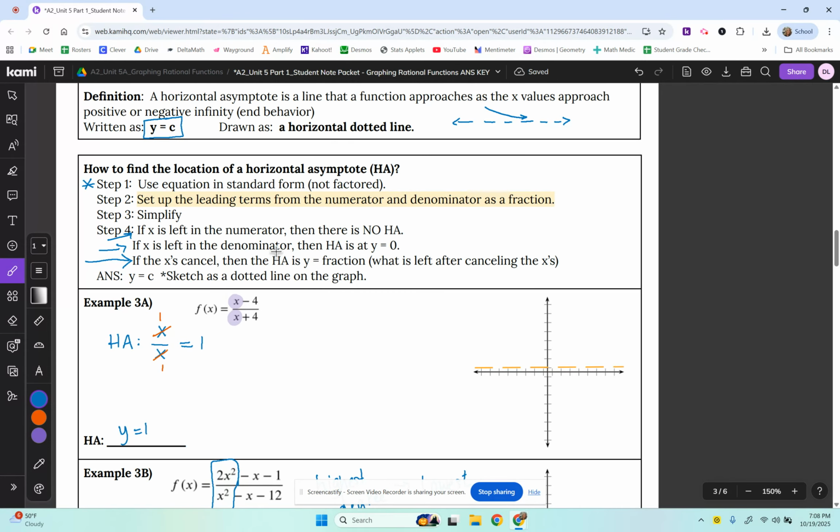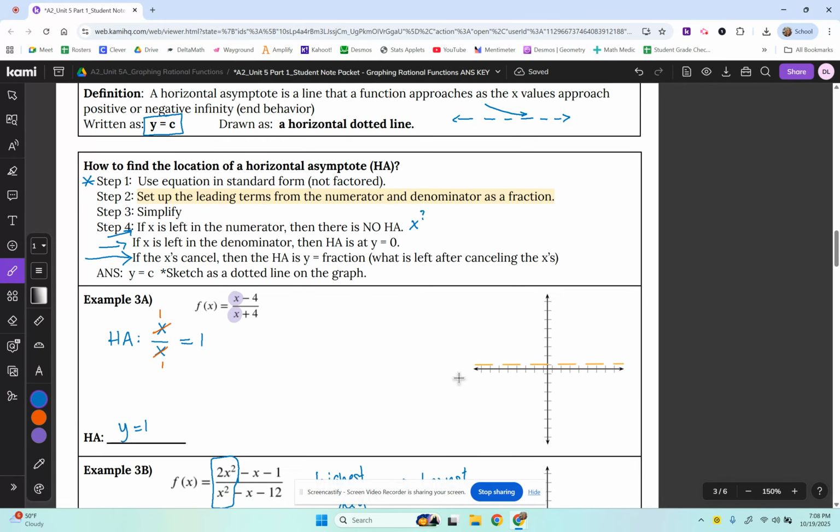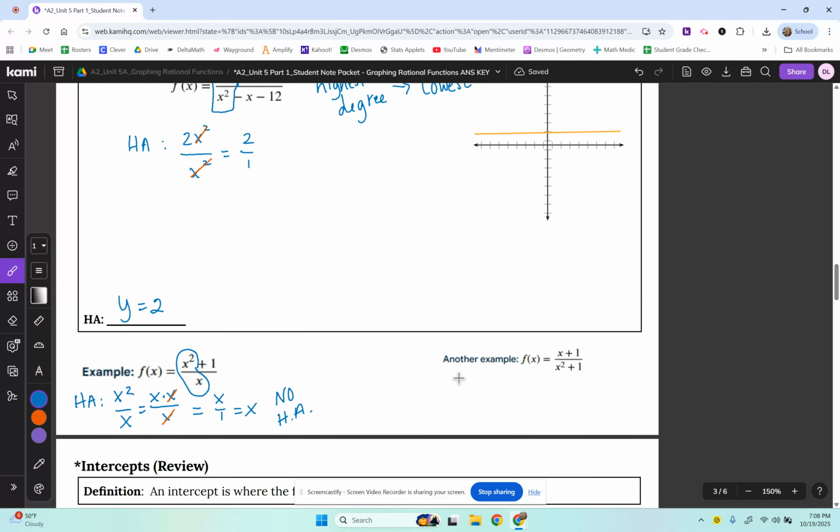If x is left in the denominator, then our horizontal asymptote is at y equals 0. This means that we are left with x, and it can be to any power. The third one, we were left with a fraction. The second one is where we have x left in the denominator.